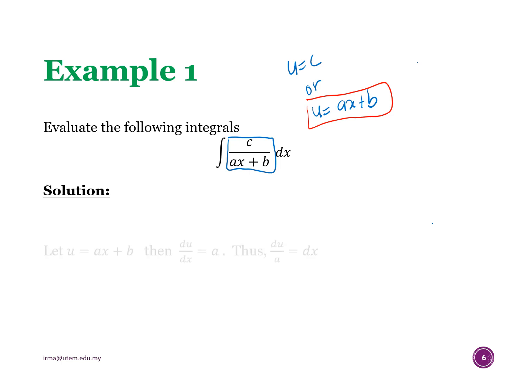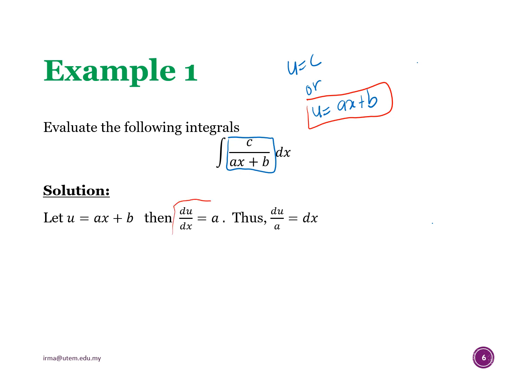So let u equal to ax+b, and therefore we will have du/dx, which means we differentiate u with respect to x, and you will get a. Because we want to substitute dx, we rearrange these terms: du/dx equal to a, so we will have dx equal to du over a.